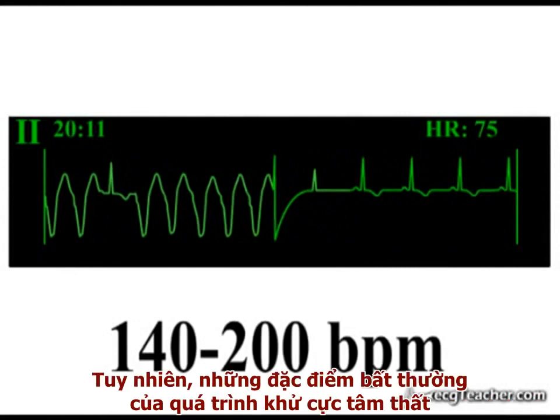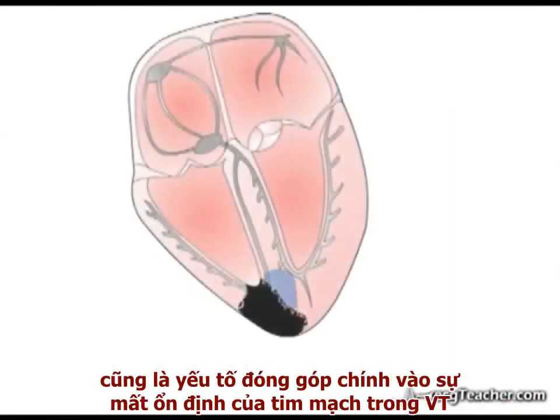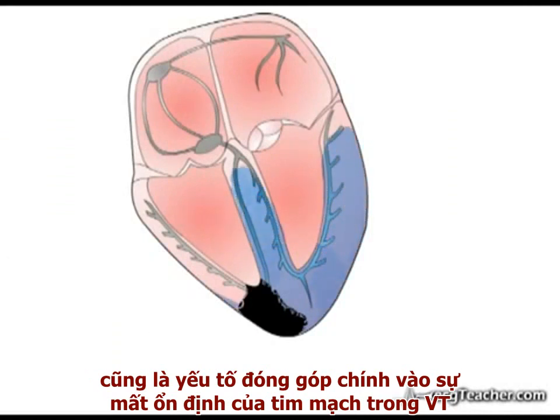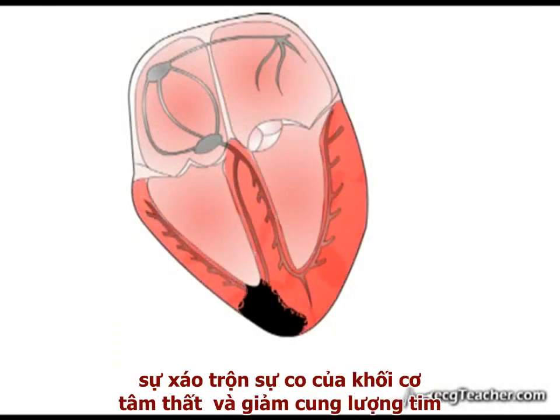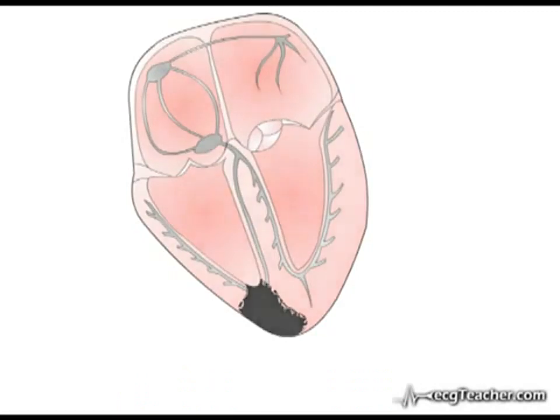However, the highly abnormal pattern of ventricular depolarization is also a major contributor to cardiovascular instability in this arrhythmia. A highly deranged pattern of ventricular depolarization may result in an equally deranged pattern of ventricular myocardial contraction with loss of cardiac output.